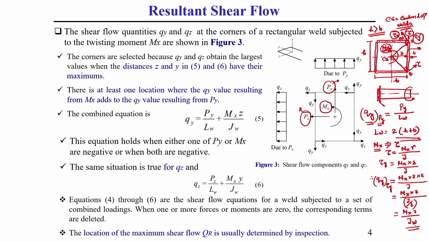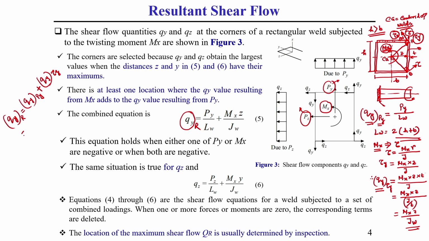What is Jw? This is coming due to Mx along y direction. So, what is the resultant shear flow along y direction due to Mx and Py? Qy resultant, which I have written here, will be Qy due to this direct force Py, and another component will be Qy due to the shear stress component tau y, correct. These things I have already shown.